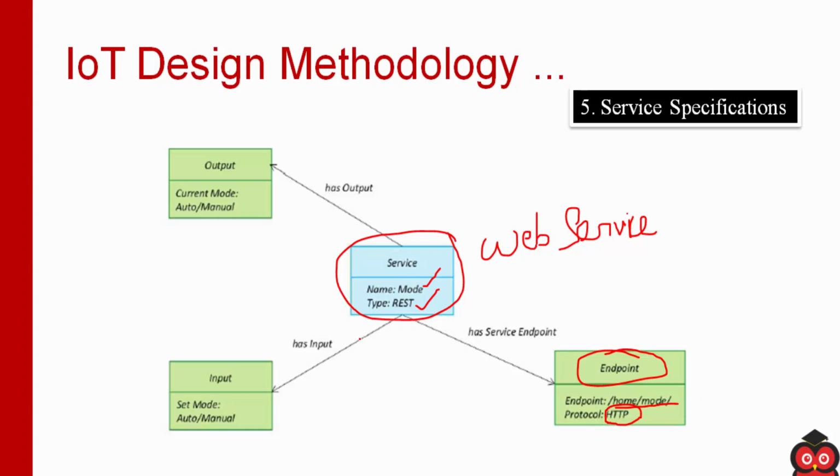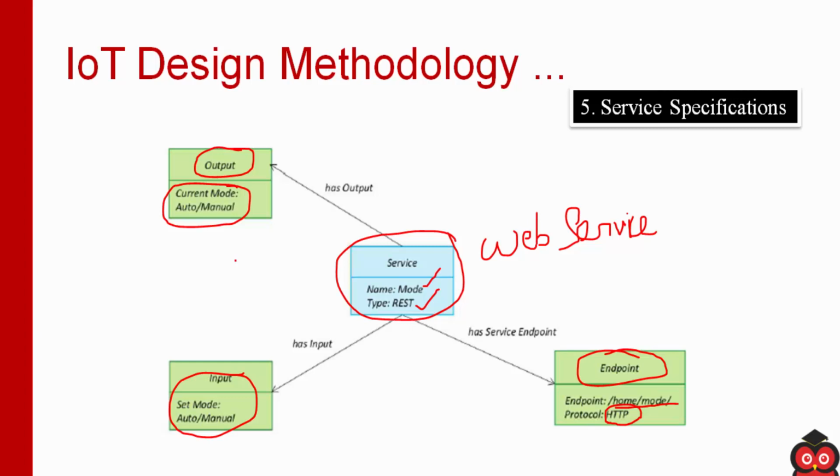Okay, and the service has input where the client or user will select the mode, which is auto or manual. Okay, and the output is based on the input. Whatever the user chooses, the output will be changed in the mode, either auto or manual.